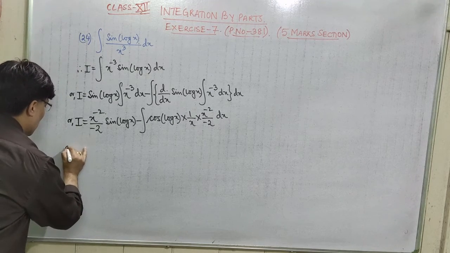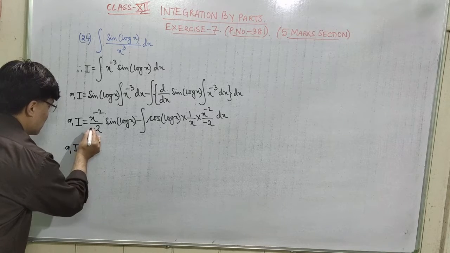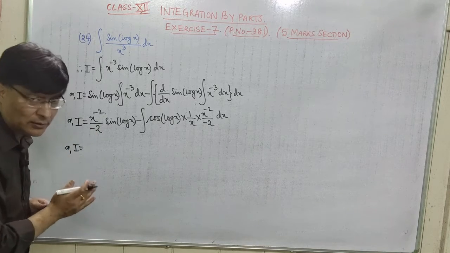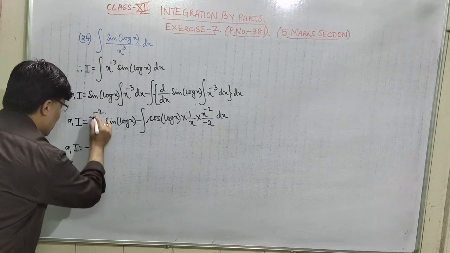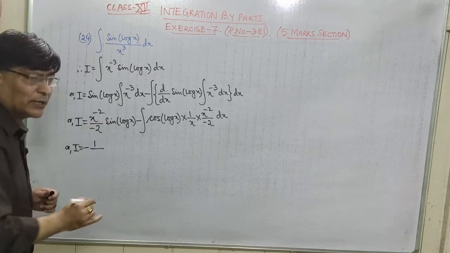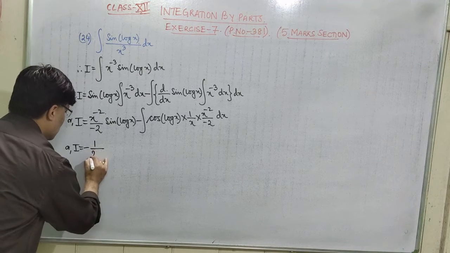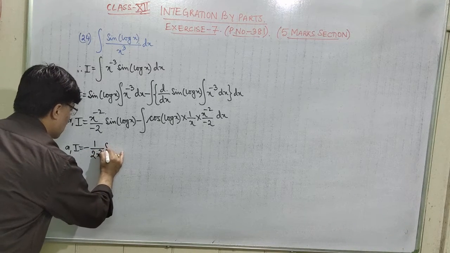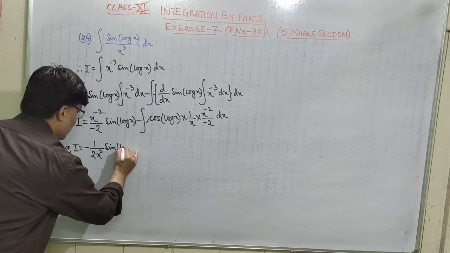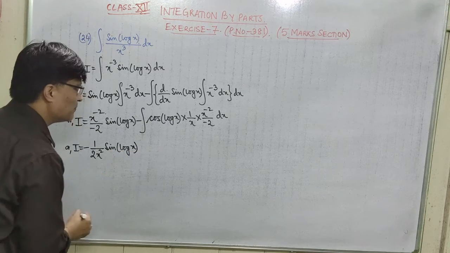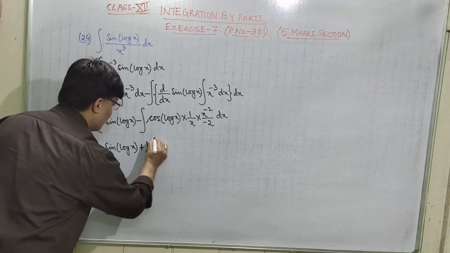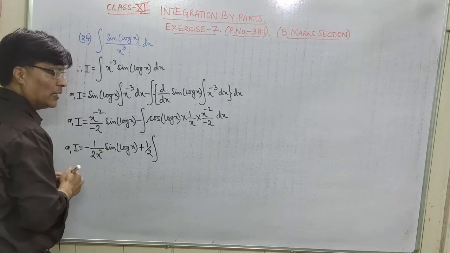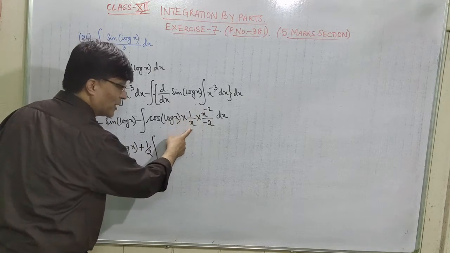Okay. So I is equal to, this minus sign which is in the denominator is taken outside, minus 1 upon, x to the power minus 2 is taken to the denominator, so it is 2x square, then this is your sine of log x. Then minus into minus plus, this is half integration of, let us simplify x to the power minus 2 upon x.